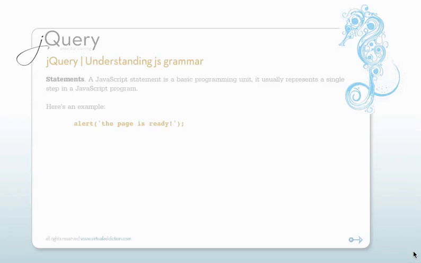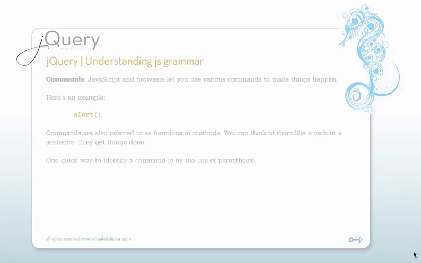A semicolon is kind of like the period at the end of a sentence, and semicolons just make it more clear that a particular step is over and that the JavaScript interpreter should move on to the next action or the next statement. JavaScript and browsers let you use various commands to make things happen. For example, alert is a command. It makes the web browser open a dialog box and display some sort of message.